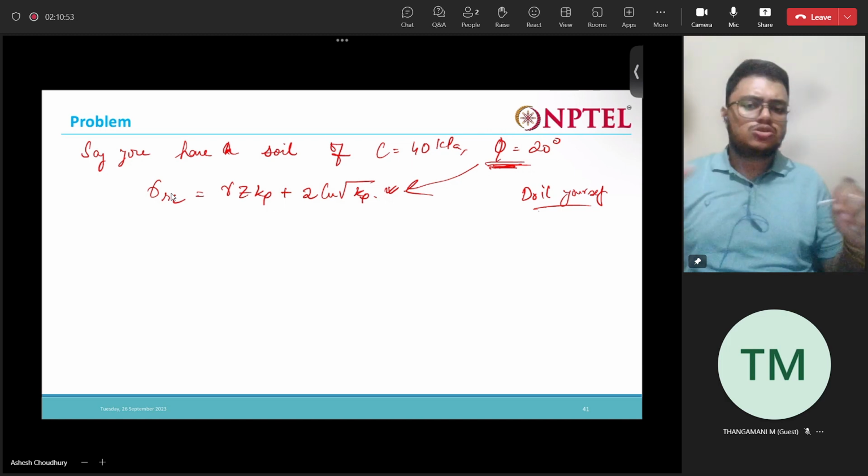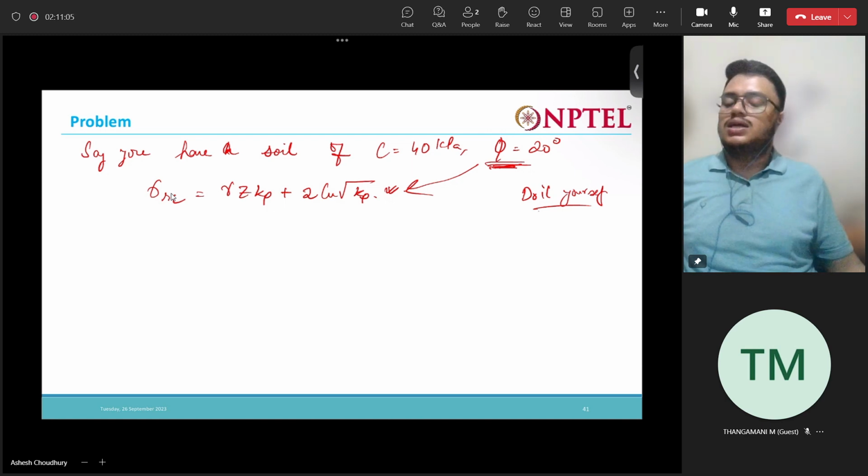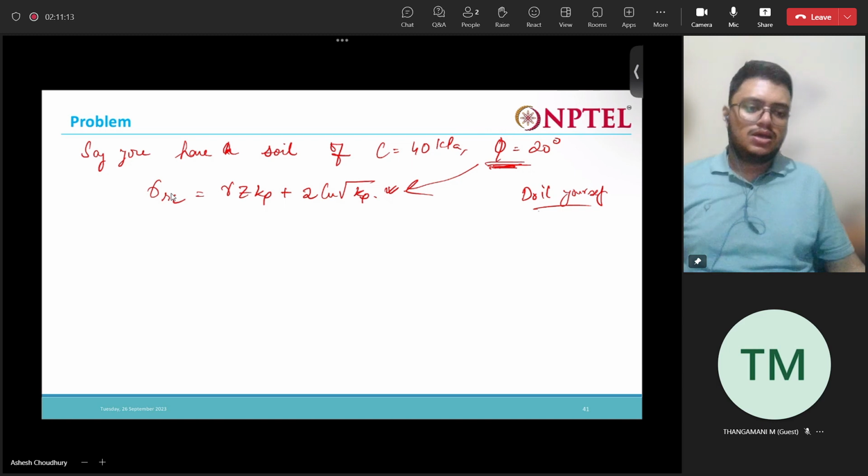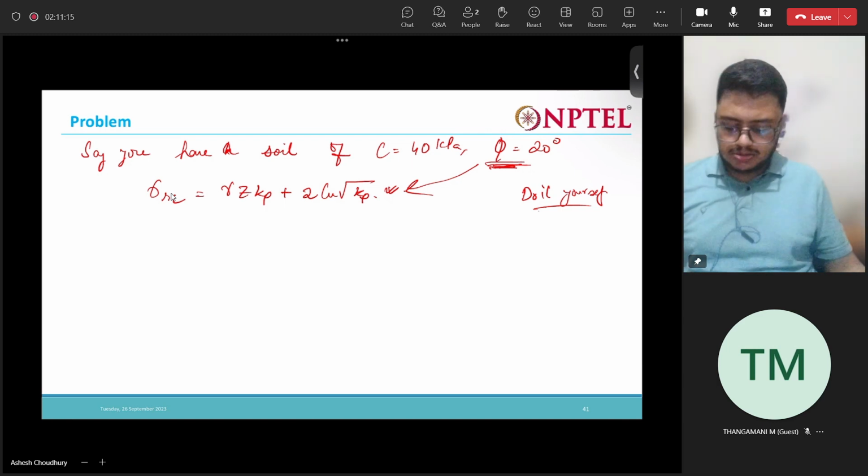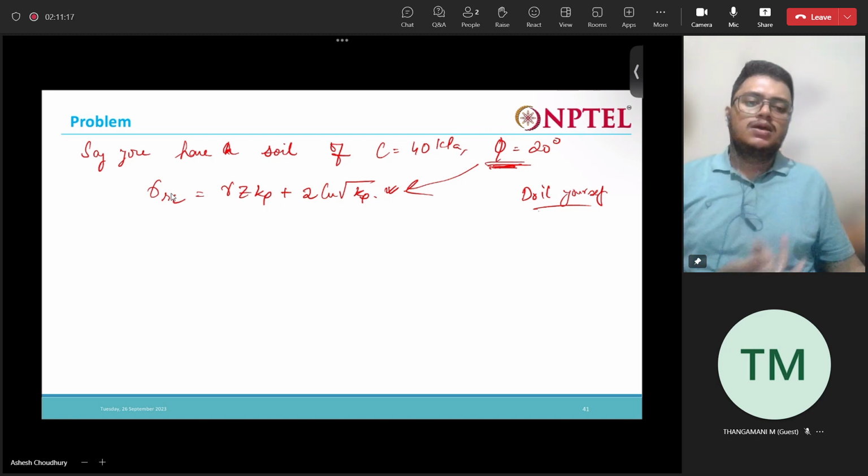We will solve some short, easy problems regarding that so that you can design for drainage and filtration using any geosynthetic. For drainage we will mostly be using geotextiles and geonets, and for filtration mostly geotextile only. So very easy problems we will be solving, and let us see what we can do.